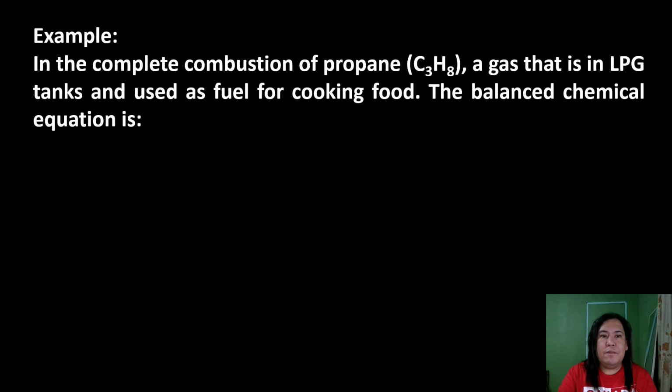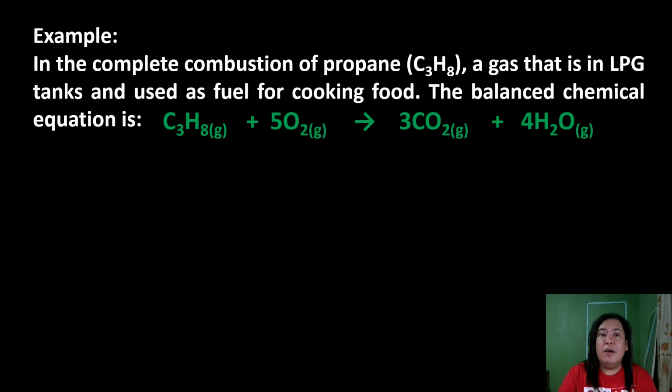Okay, so for our first example, in the complete combustion of propane with chemical formula C3H8, a gas that is in LPG tanks and used as fuel for cooking food, the balanced chemical equation is for every 1 mole of propane reacts with 5 moles of oxygen gas to produce 3 moles of carbon dioxide and 4 moles of water vapor.